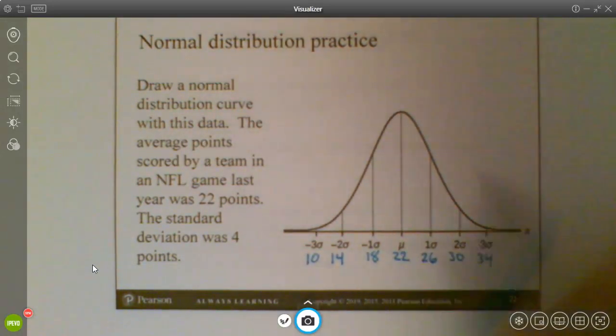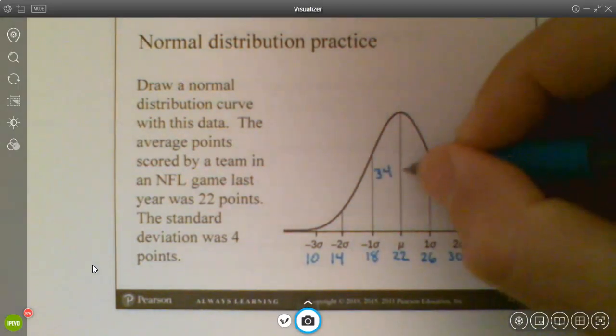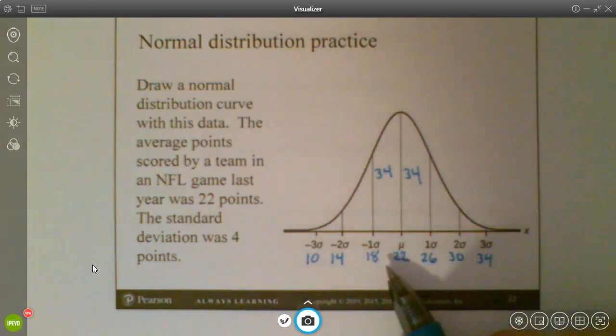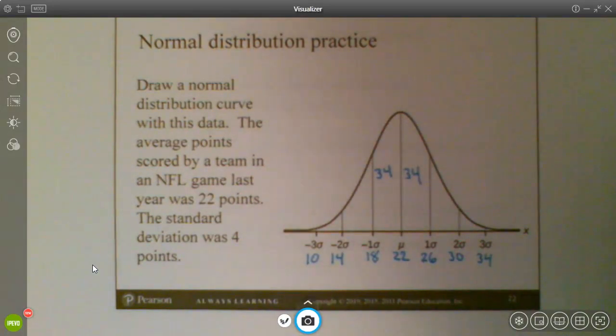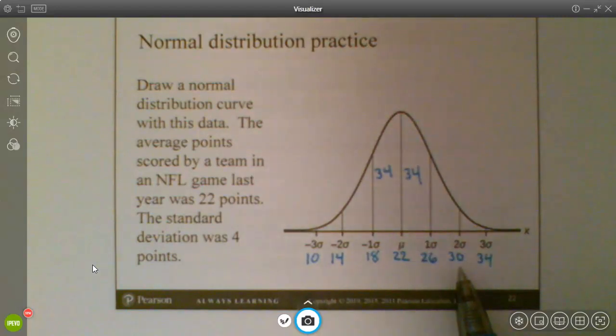Remember, this is symmetric, which means 34% was here and the other 34% was right here. So, in other words, 34% of the teams scored between 18 and 22 points. That's how we would interpret that. The rule for 2 standard deviations was 95%. So from 14 to 30 contains 95% of all the data.